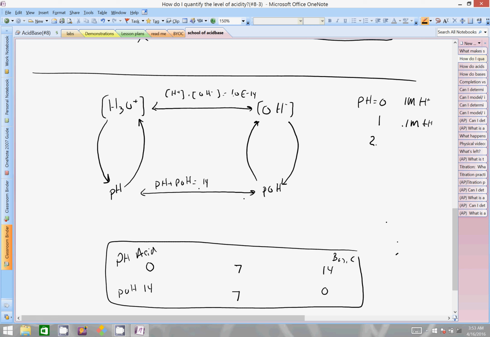And in fact, if you were to take the pH, let's say the pH of 0 is 1 molar. So 1 molar concentration gives you a pH of 0. A 0.1 molar gives you a pH of 1. A 0.5 molar, is it going to give you a pH of 0.5? No, it's 0.3. It's not a linear scale.